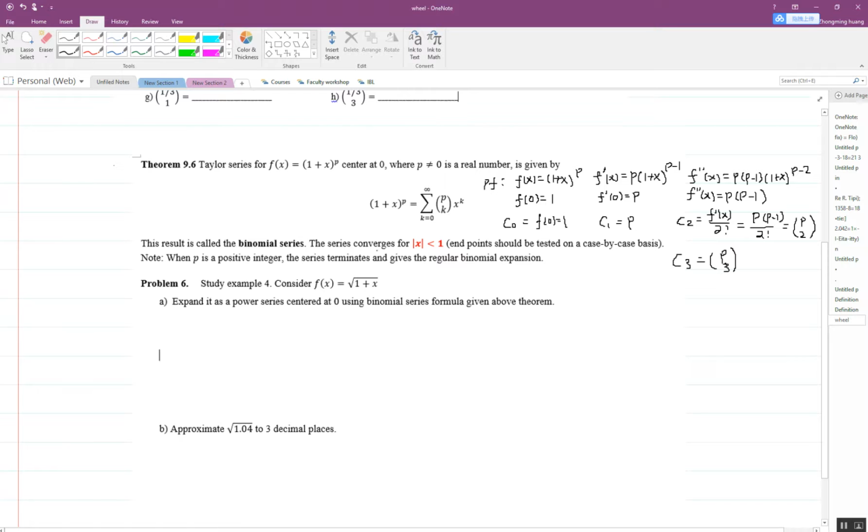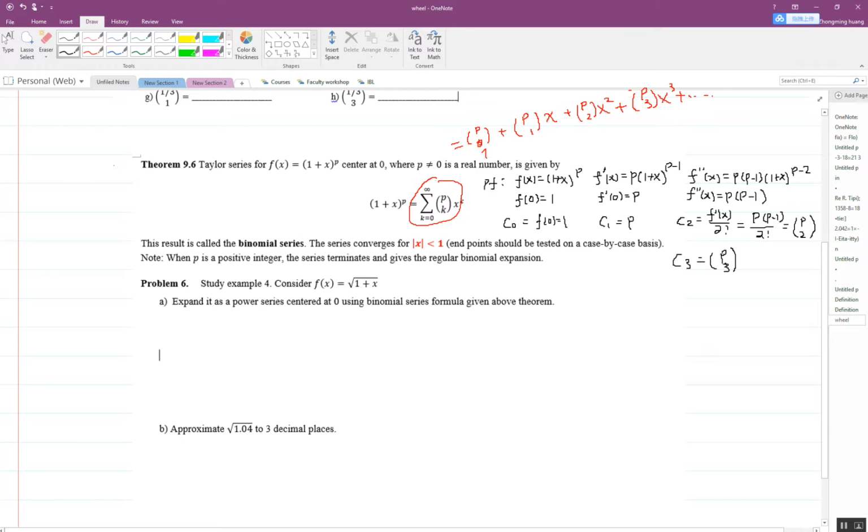So if you expand this summation, when k is 0 you have p choose 0 times x raised to power 0, which is 1. And then when k is 1, p choose 1 times x raised to power 1. And p choose 2 x squared, and p choose 3 x cubed, and so on and so forth.